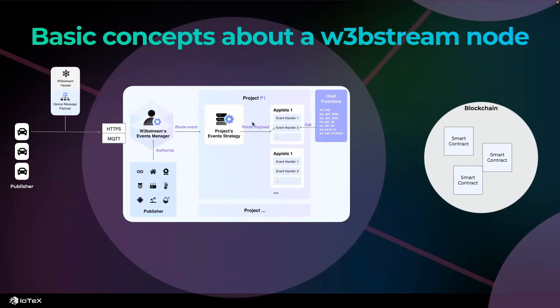So in a W3bstream node, you can configure one or more projects. There is no specific rule here. You can create as many projects as you want, or you can create just one project. It depends on how complex your Machine-Fi application is. Then inside a project, you define publishers, you define an event strategy, and then you have some logic, so the actual logic of your project.